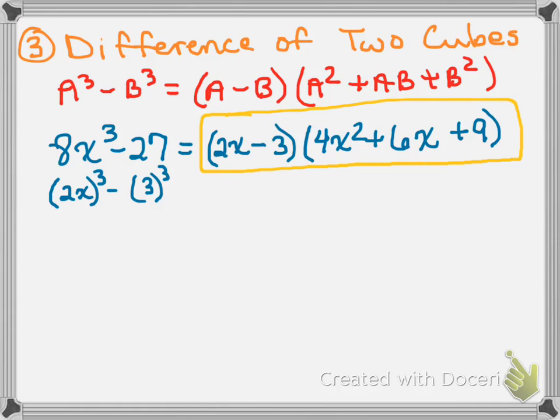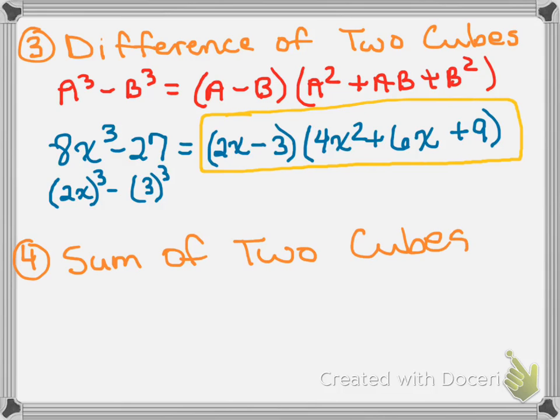Okay. There is another pattern similar to this one. It would be the sum of two cubes. I'm sorry, I said sum of two squares, I meant sum of two cubes. Remember, the sum of two squares will not factor.